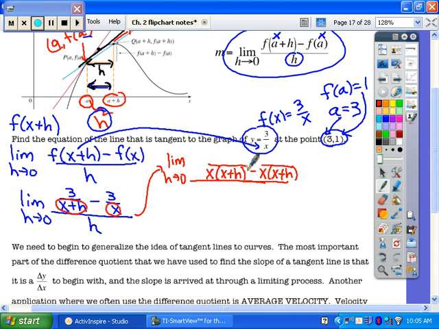With the first fraction, what do I have to multiply the top and the bottom by? X. So what's going to be the new numerator? 3x. Now with the second one, what do I have to multiply the top and the bottom by? X plus h. So it's negative 3 times x plus h.